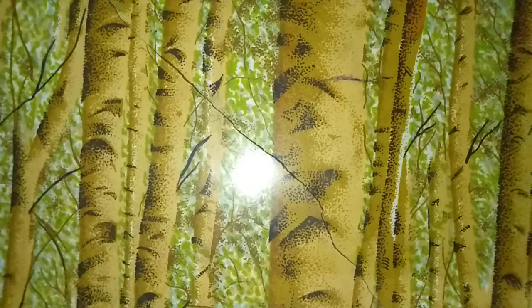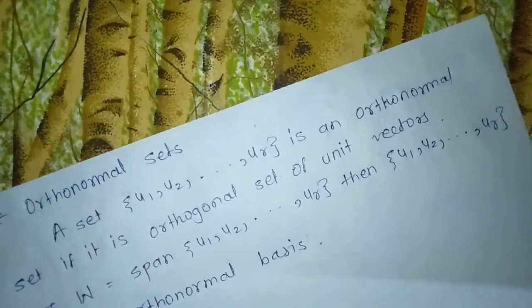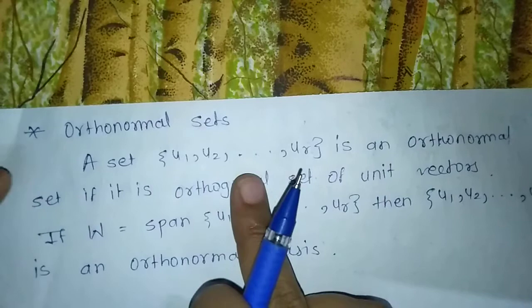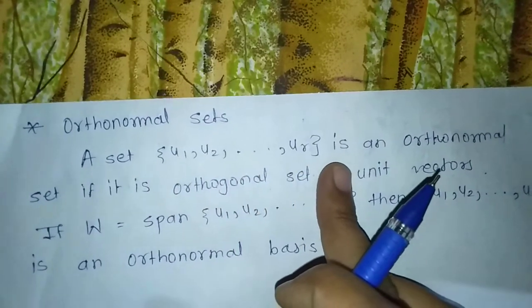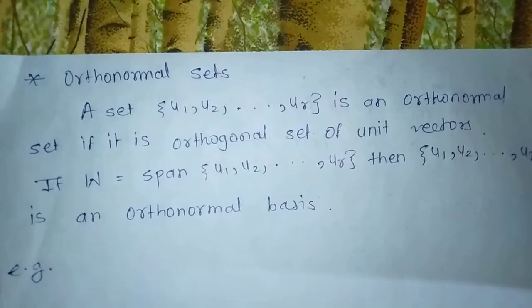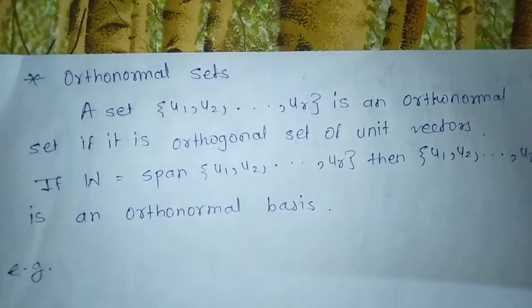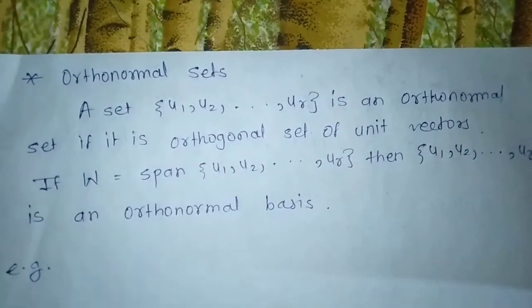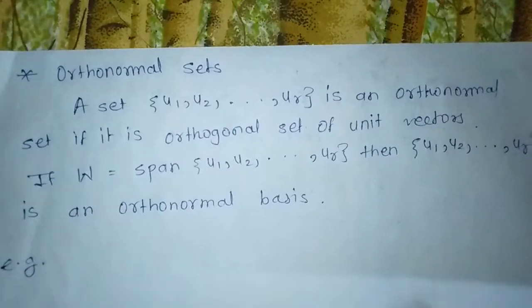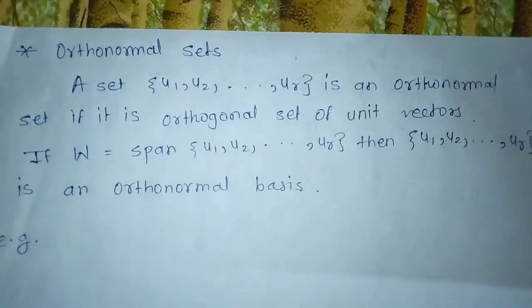Now next, orthonormal set. An orthonormal set means a set u1, u2 and so on up to ur is an orthonormal set if it is an orthogonal set of unit vectors. If W is equal to span of u1, u2 and so on up to ur, then u1, u2 and so on up to ur is an orthonormal basis.